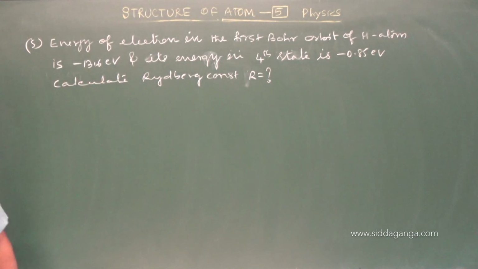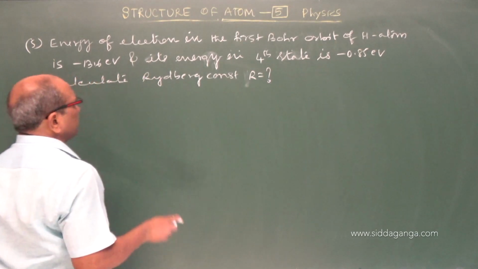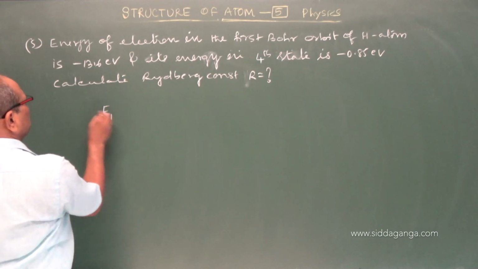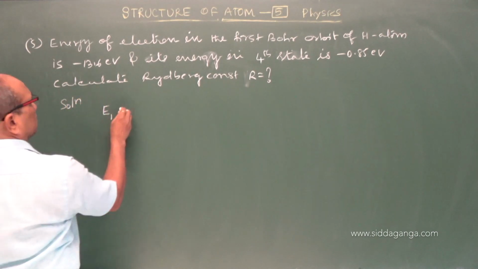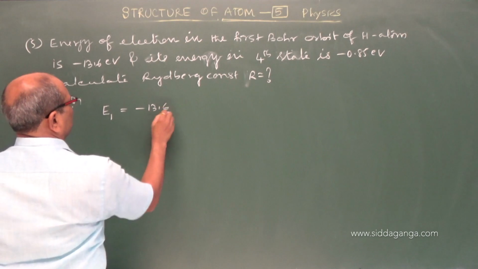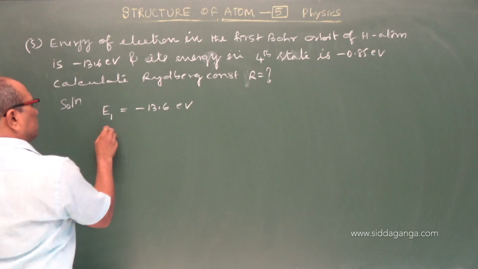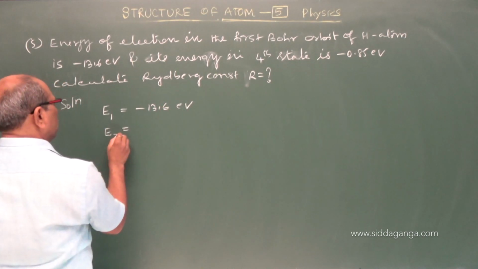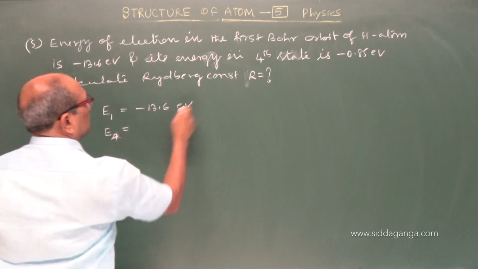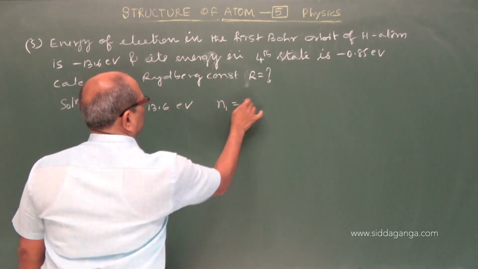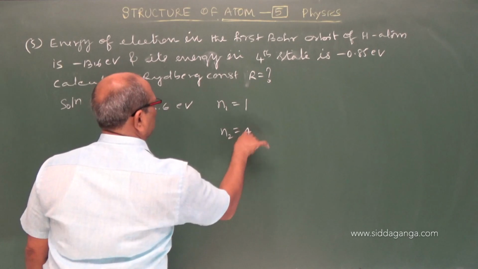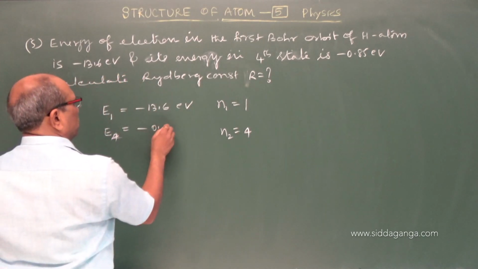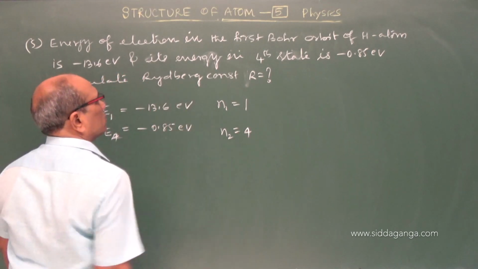They have given the energies of the two states. The first state has N1 equal to 1, and the fourth state has N2 equal to 4, with energy minus 0.85 electron volt.